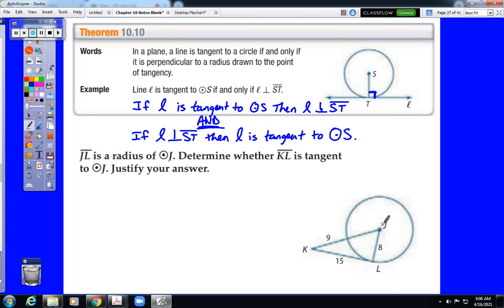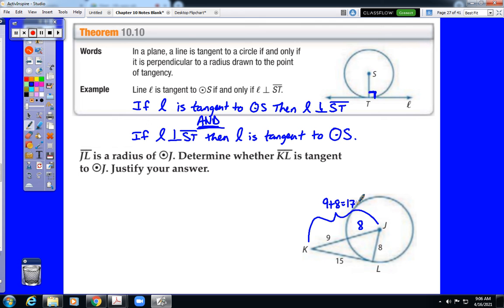However, you'll notice that there's a trick to this. The 9 is only that distance. That is the 9. It's from K to the circle. So the rest of this is the radius, which is 8. And we would have to add those together to get the KJ. 9 plus 8 would be 17.